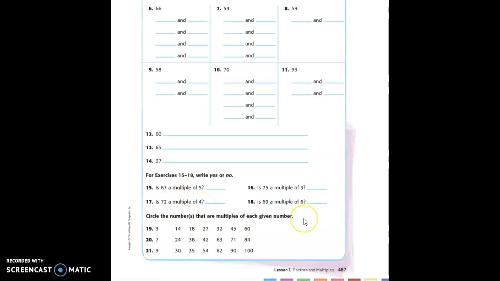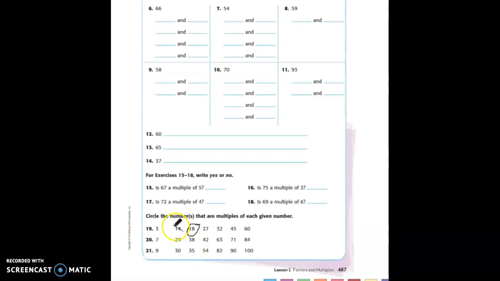Now, this one is a little bit different than what we've seen. They've given you a bunch of numbers, and you have to see, oh, is this a multiple of this? So in this case, I'm going to count by 3s. 3, 6, 9, 12, 15. No, I don't say 14. So 14 is not going to be a multiple of 3. 3, 6, 9, 12, 15, 18. 18 is a multiple of 3.